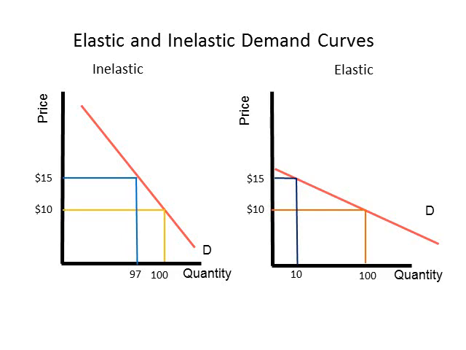Let's see what happens when the demand curve is flatter or more horizontal. Once again, let's start with the good having a price of $10 and the consumer is willing to buy 100 units of the good. So on the graph, go down to the $10 mark, draw a line from the price axis to the demand curve and then from the demand curve to the quantity axis, which once again in our example crosses at 100 units.